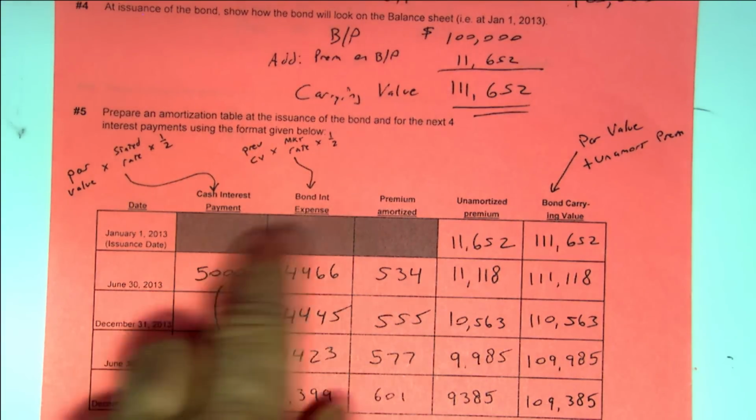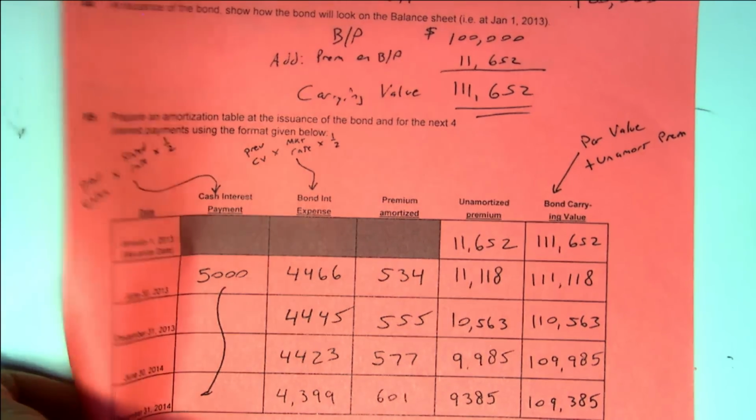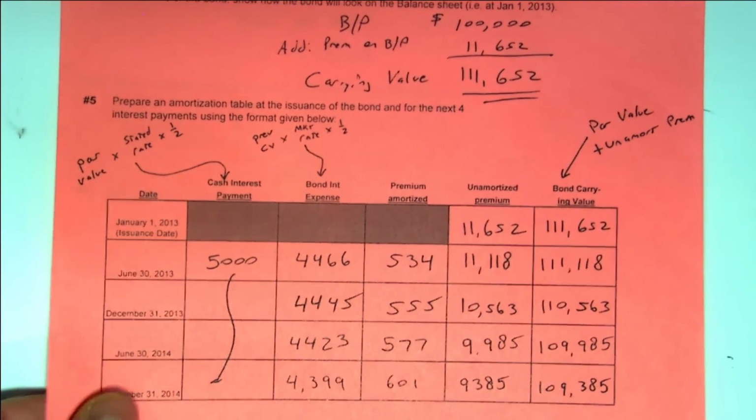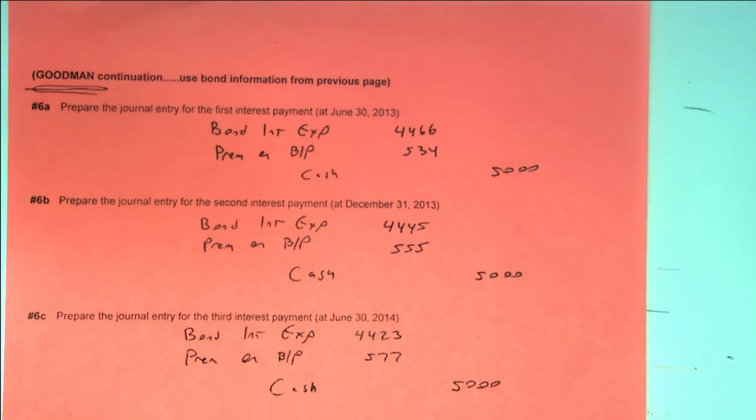These columns are filled out the same way, right? Doesn't this kind of seem similar? Okay, that's why I teach it that way, Daniel, because it should be pretty easy to move from a discount situation to a premium situation. And then, of course, once you have the amortization table filled out, you can use it to do your journal entries.